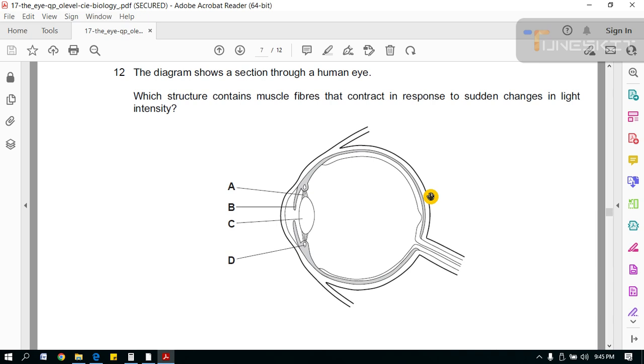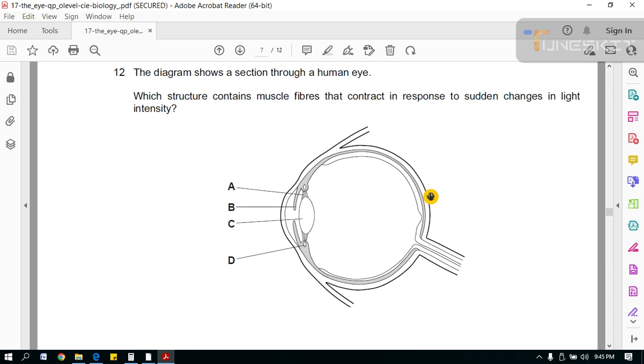So he has asked which structure contains muscle fibers that contract in response to sudden changes in light intensity. He is not asking which one contracts and which one relaxes. So that is definitely the iris. In the iris we have two types of muscles, the radial muscles and the circular muscles.